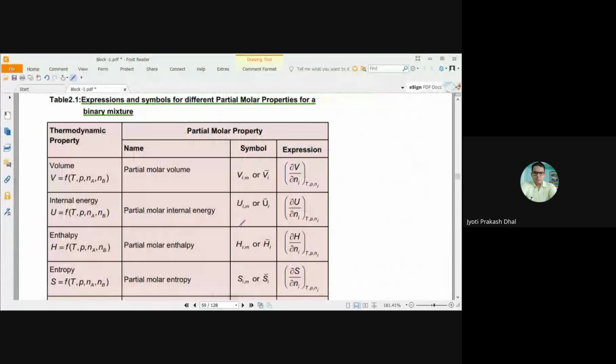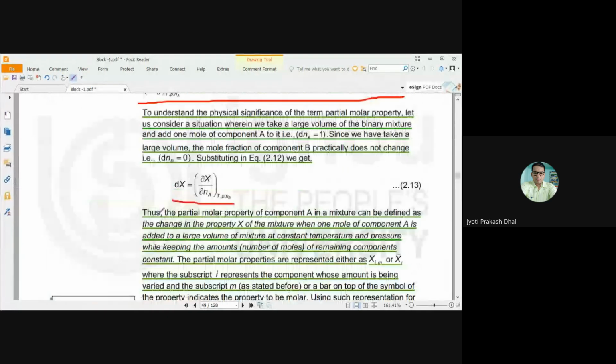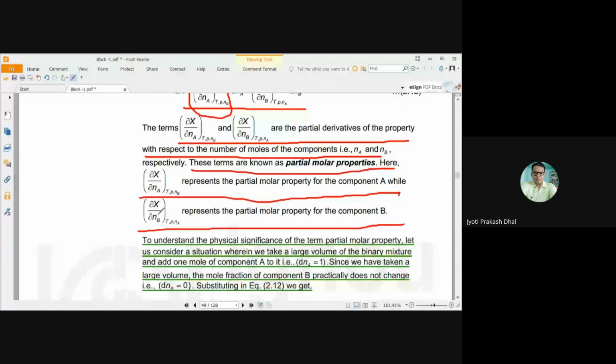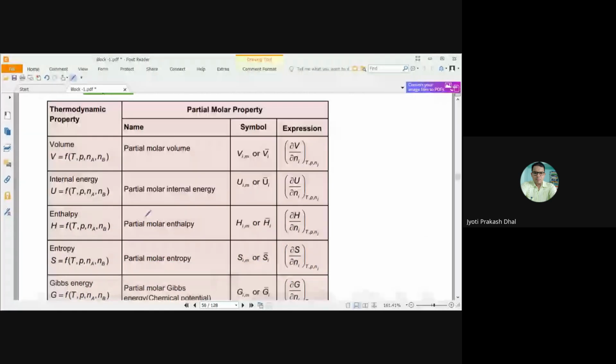Now if we apply what we have discussed here in terms of X, the X may be any type of extensive thermodynamic property. If we put volume in place of X, that is called partial molar volume, represented as del V by del N_i at constant T, P, N_j.